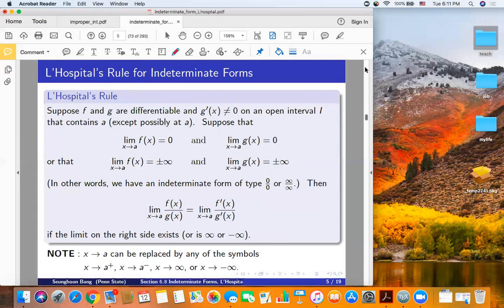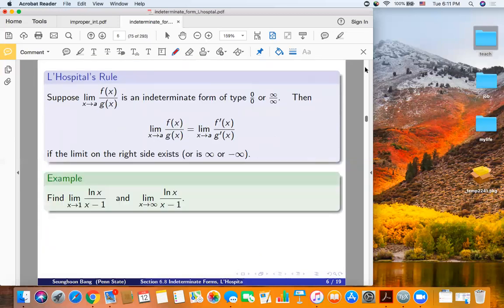So we just apply this rule to our previous example, the limit of ln of x over x minus 1. What's that? The first one here, you plug 1 into x.